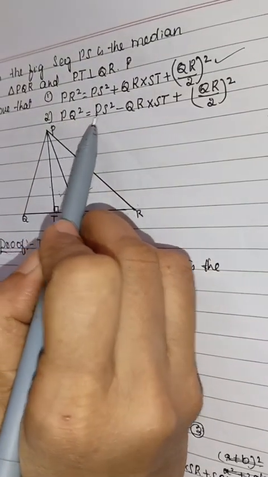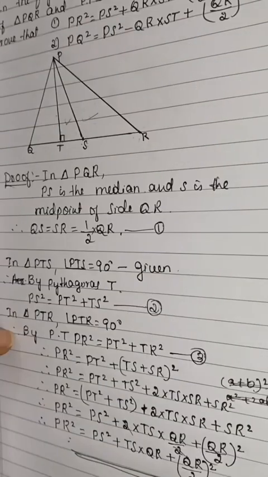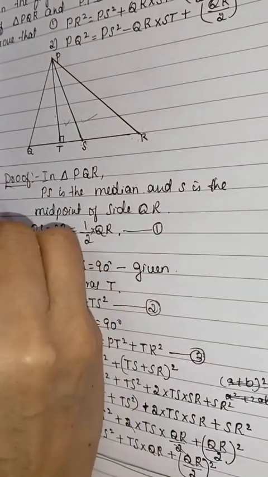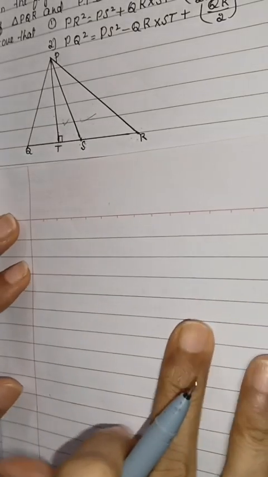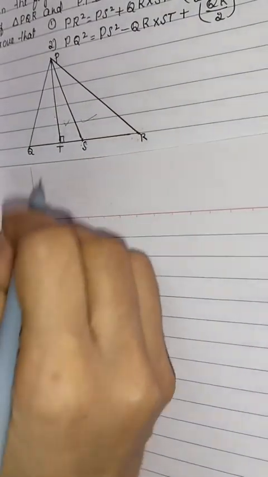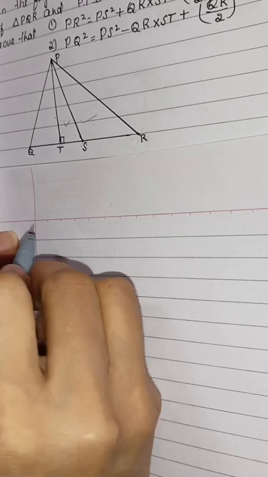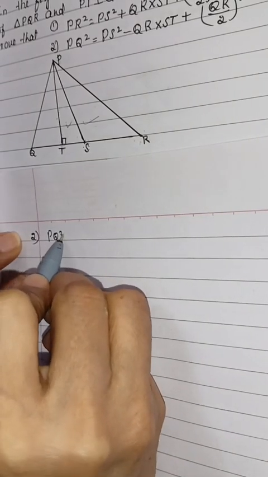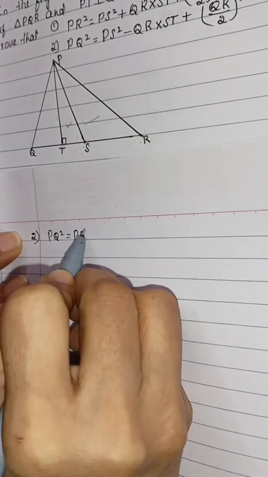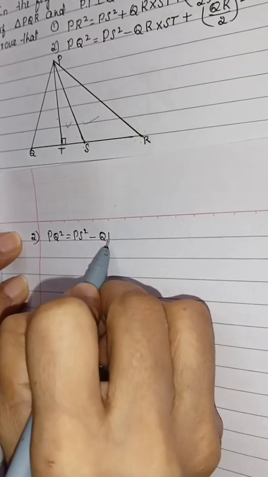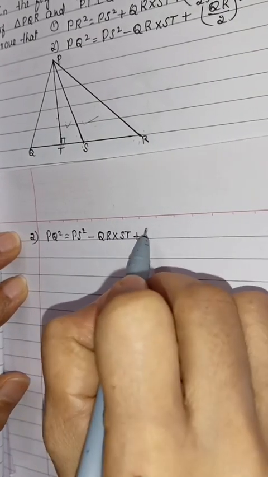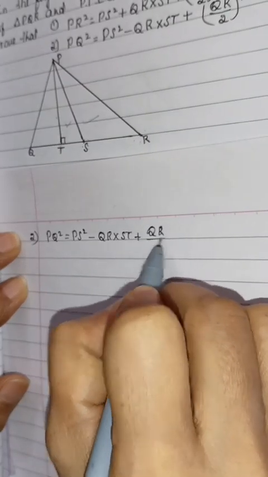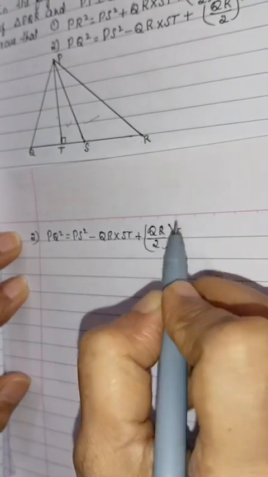Now the second one we have to prove. That was for the first one; now we'll do the second one. We have to prove PQ square equal to PS square minus QR into ST plus QR by 2 whole square.